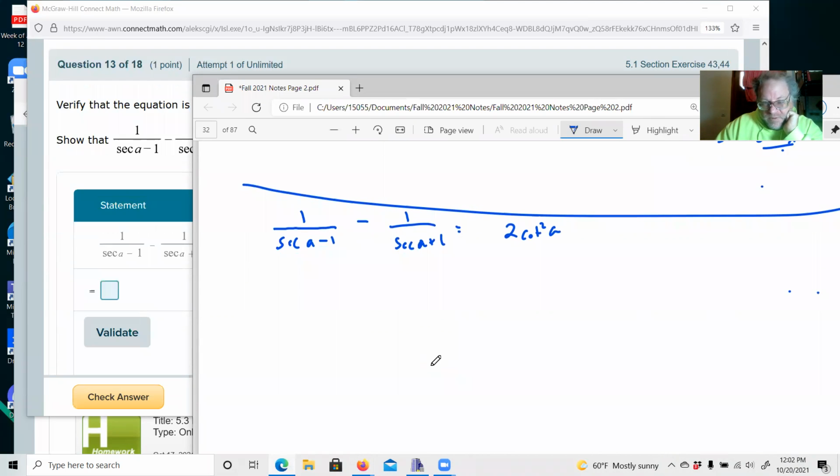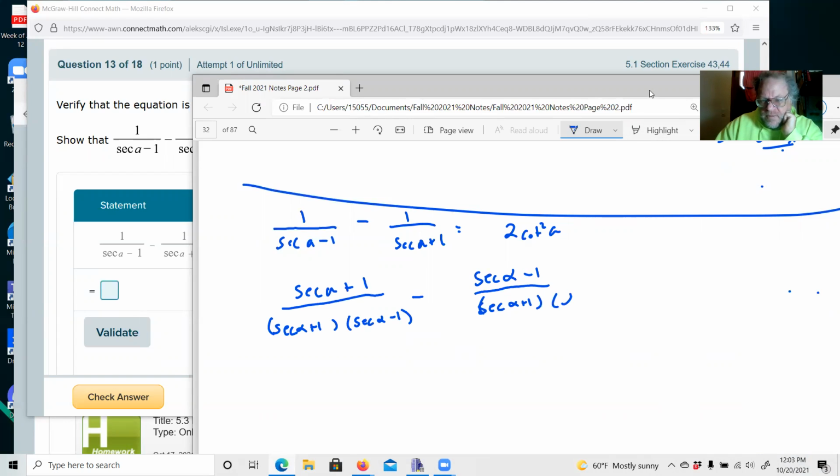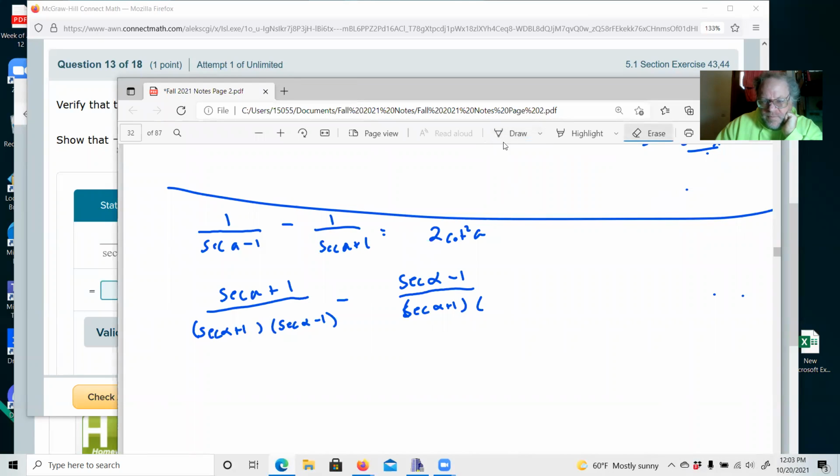I would say the first thing I would want to do is get common denominators and add. So we're going to say this is secant alpha plus 1 over secant alpha plus 1, times 1 over secant alpha minus 1, minus, and then we have secant alpha minus 1 over secant alpha plus 1, times 1 over secant alpha minus 1.